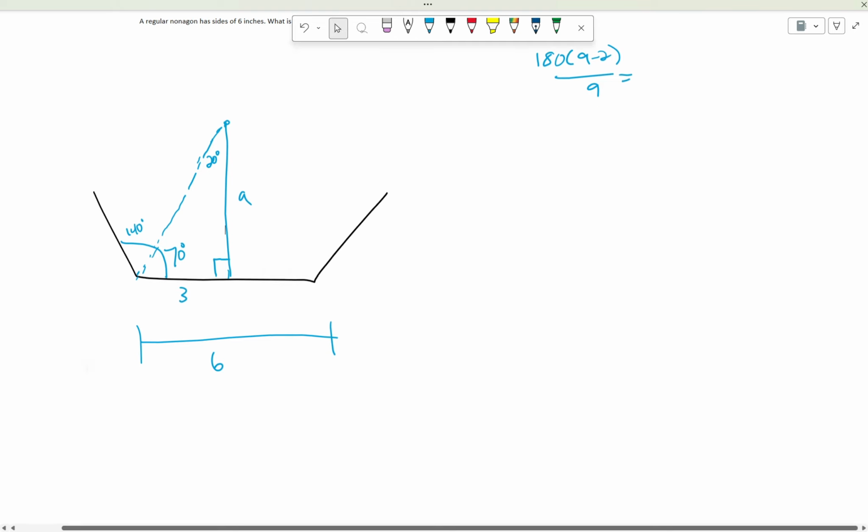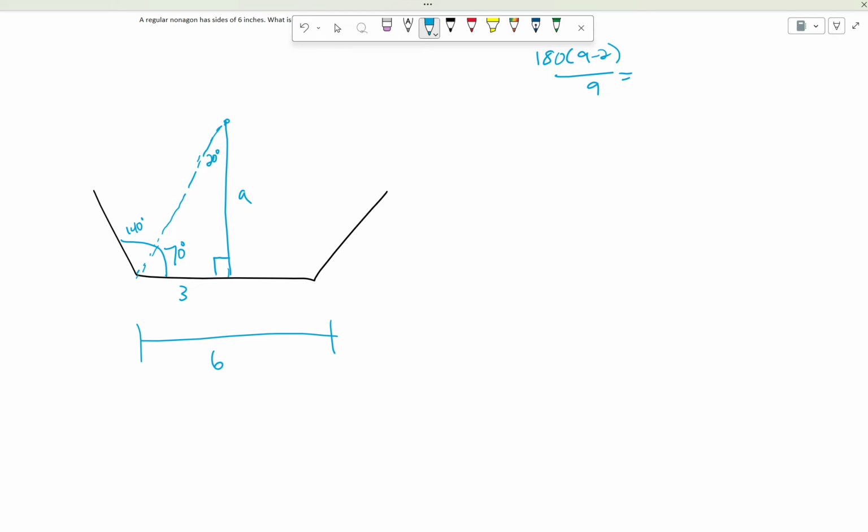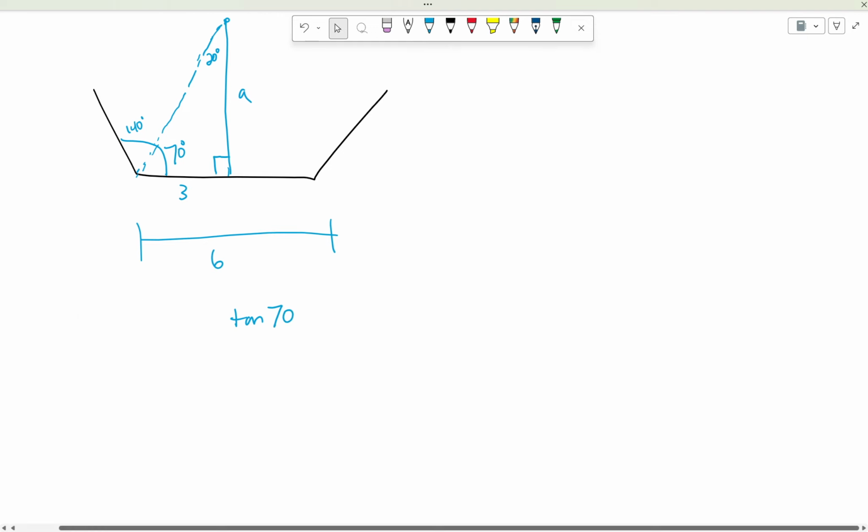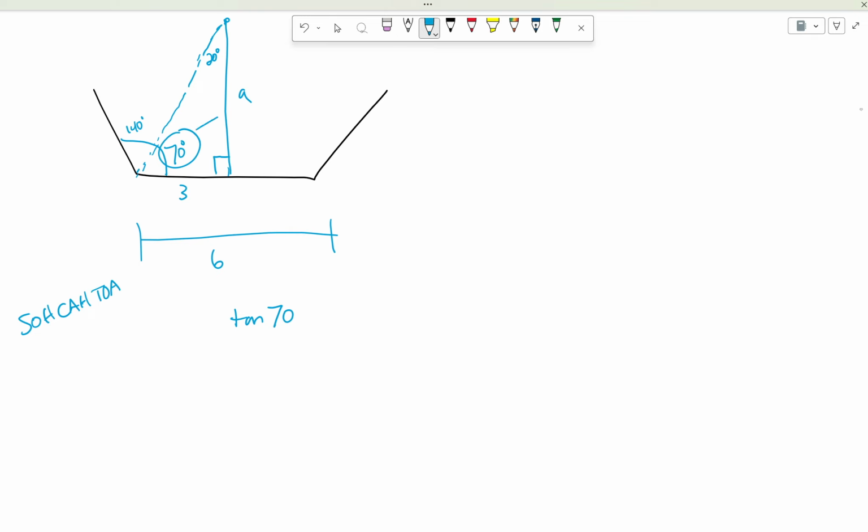This is going to be super fun because from the angle, we have the tangent, SOHCAHTOA. So from the angle 70, opposite, adjacent. So the apothem is really equal to 3 times the tangent of 70 when I solve.